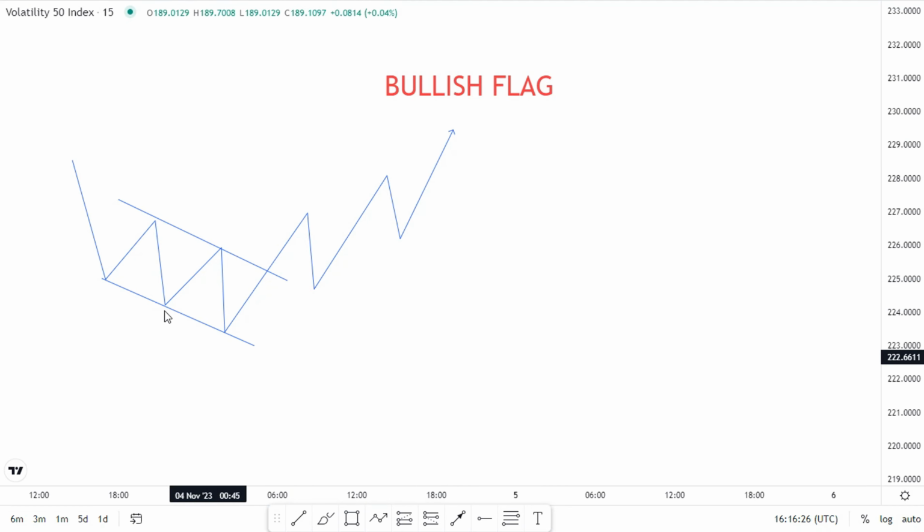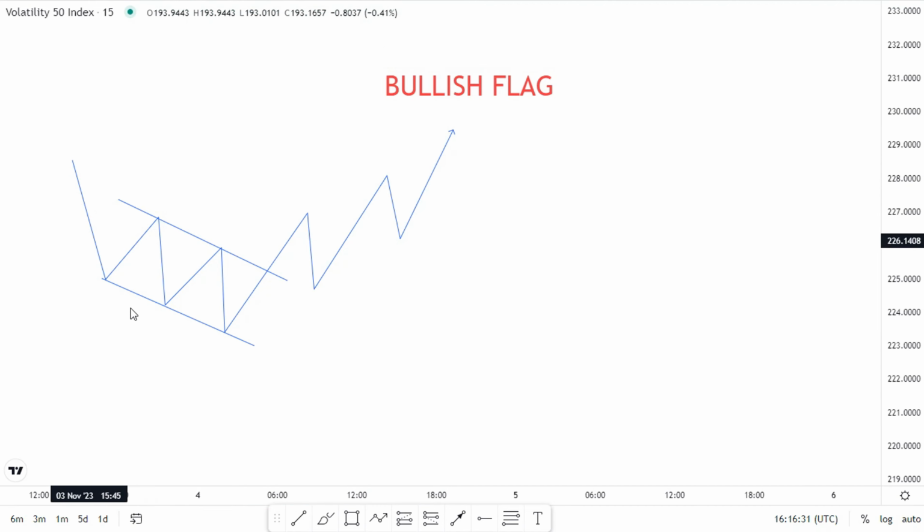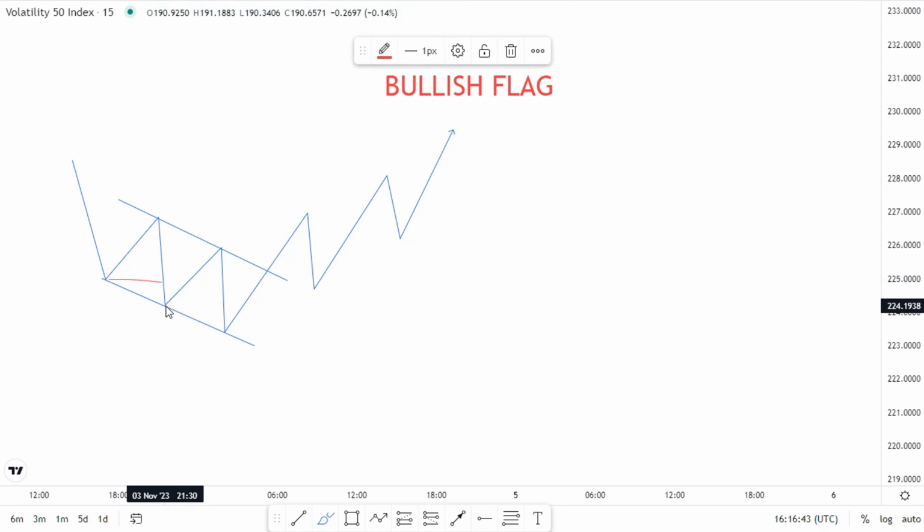So previously we had this kind of bearish movement. Why? Because the market kept breaking the previous lows to create new lower lows, as you can see. But this was a break till when we had this thing here, it's kind of a flag.